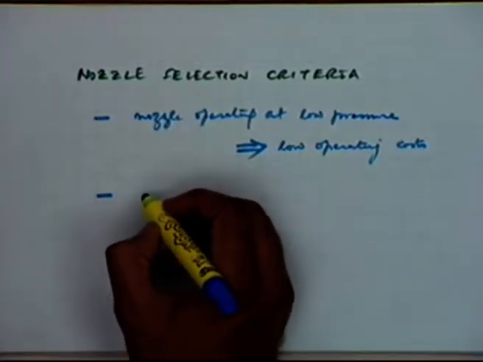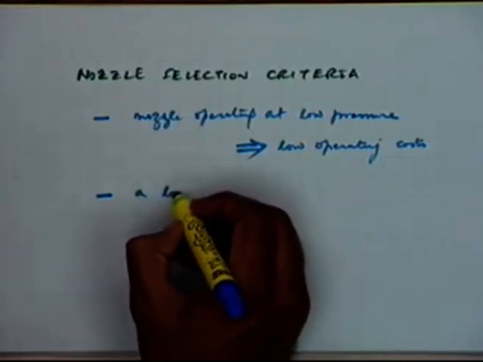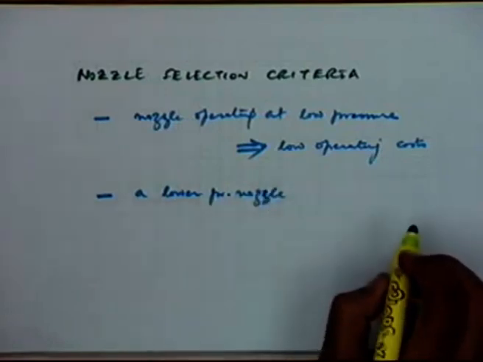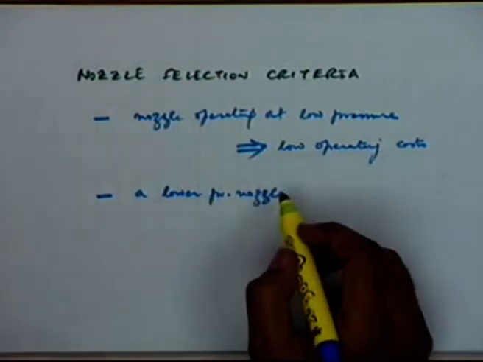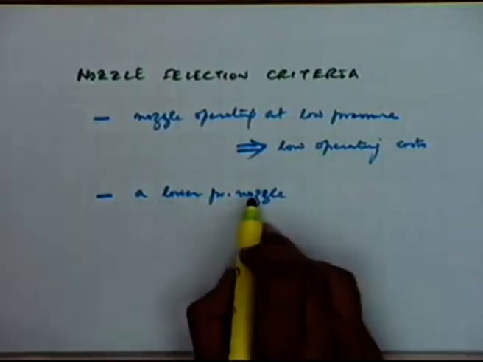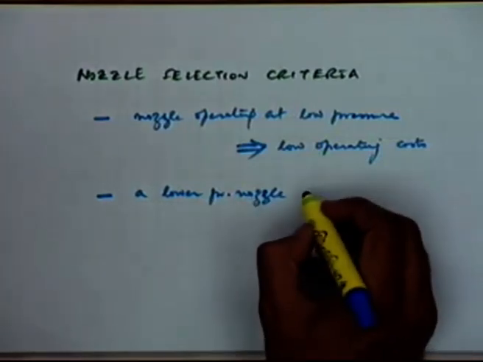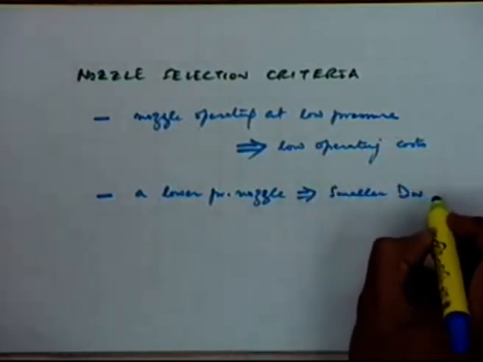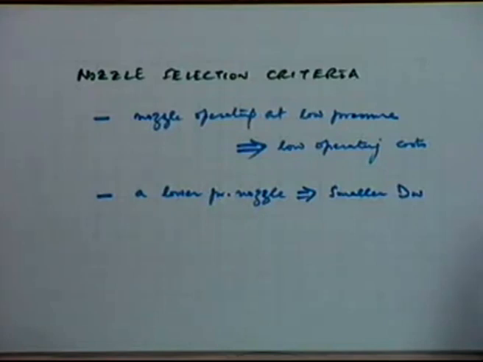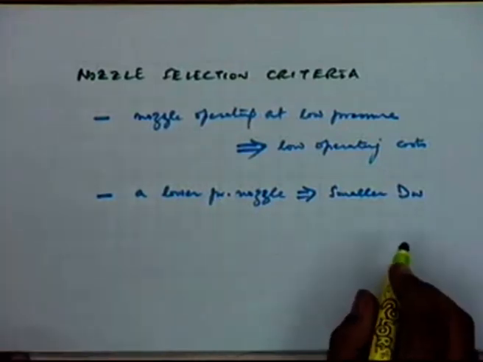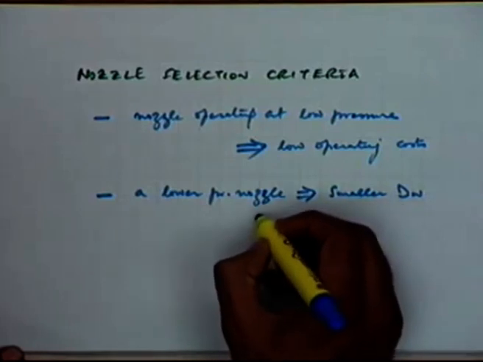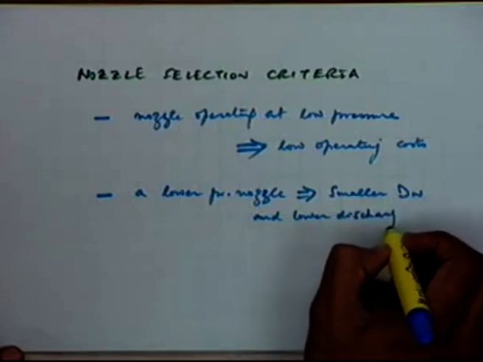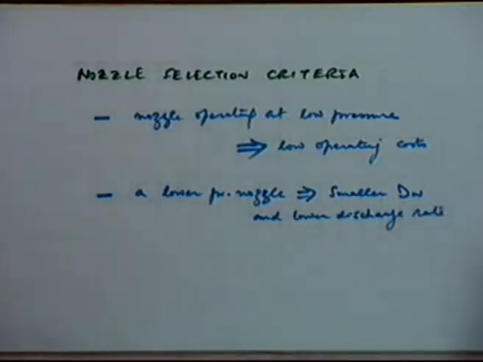But if you have a lower pressure nozzle, what is the impact of this? Selecting a lower pressure nozzle, the impact is that you will have a smaller wetted diameter, as well as a lower discharge rate.